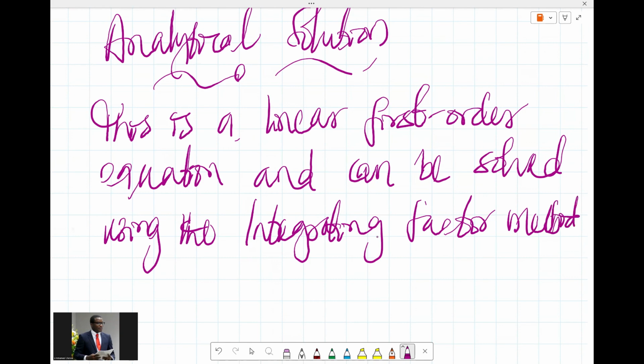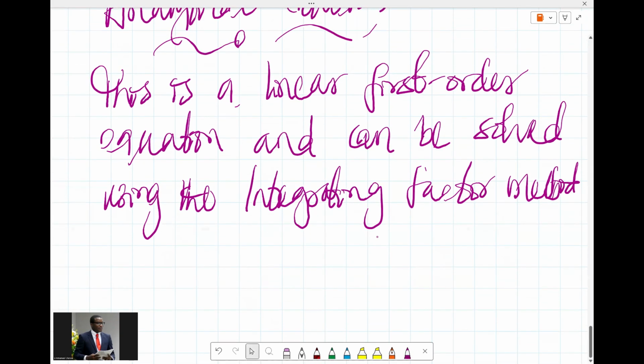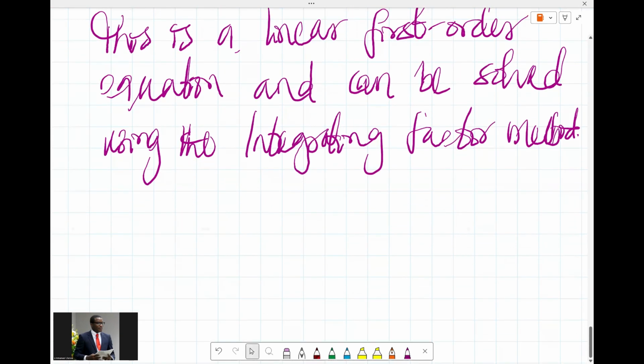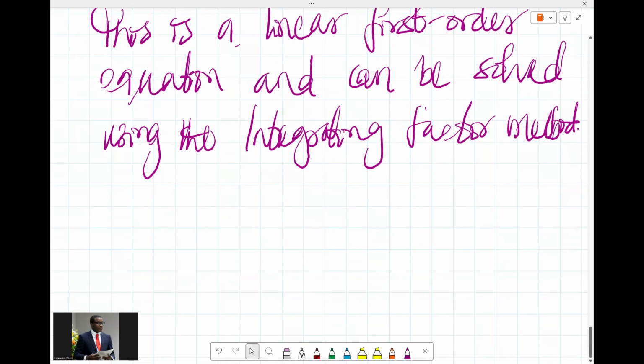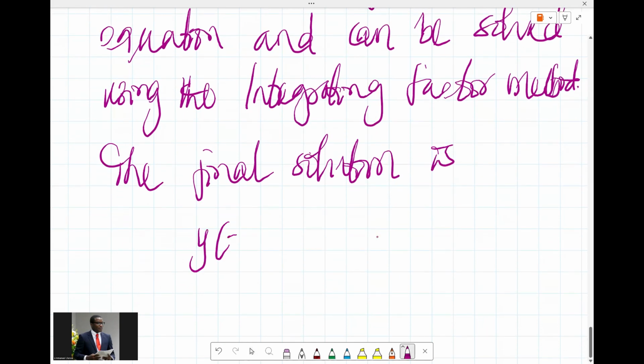I'll be talking about all this, but here we are focused on the numerical part. If you go through the whole process and use the integrating factor, you end up getting the results. So the final solution is y of x equals 2e raised to the power minus x plus x minus 1.